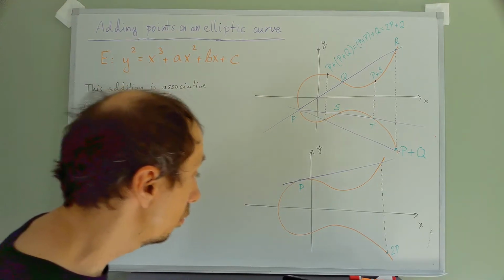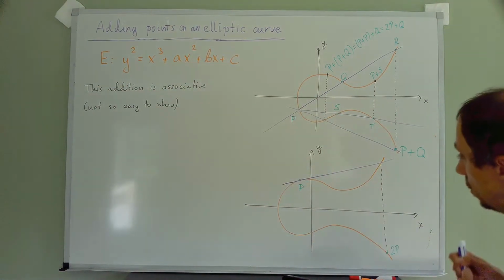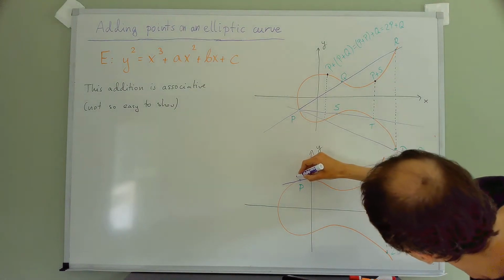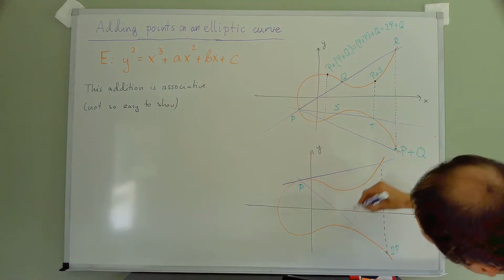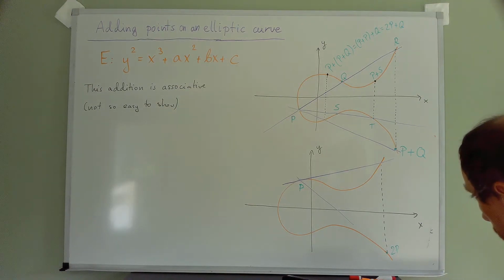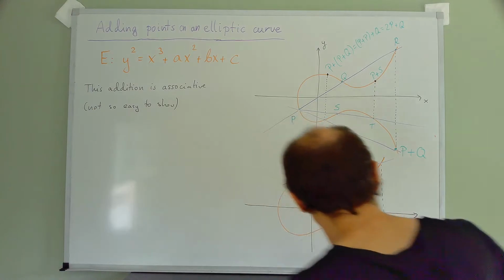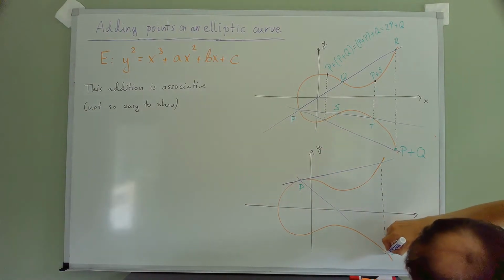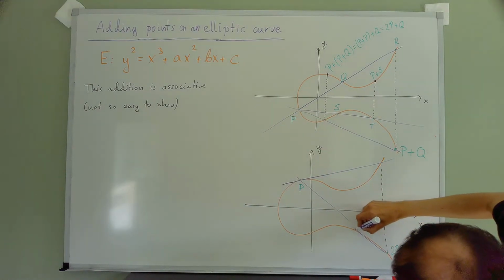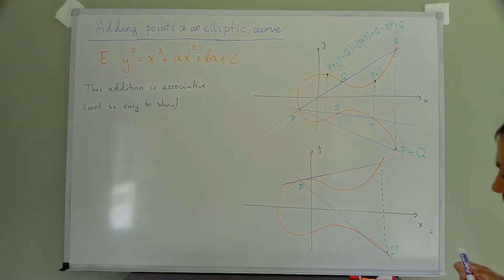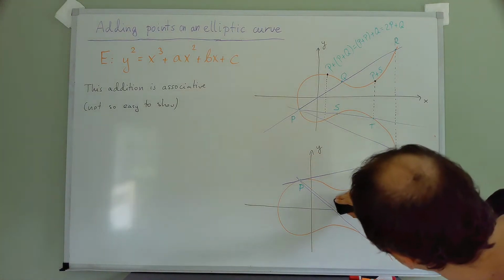All right, so I'm going to show you. How do you get 3P? Well, you just add P and 2P. So you connect these two guys by a line. It's not going to look so good in here. Oh, maybe I'll manage. Okay, because this picture is not really perfect for that. That's better.